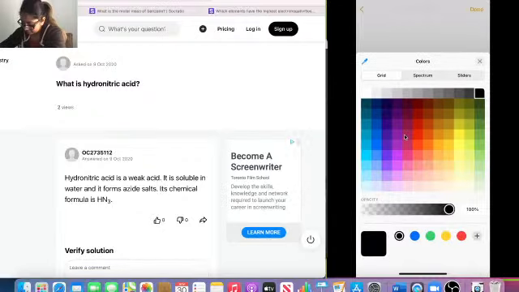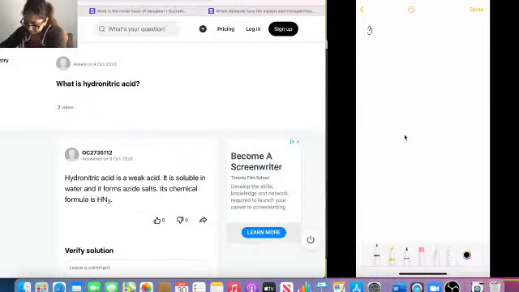Question says, what is hydronitric acid? Okay, so basically your hydronitric acid, from the name you can probably guess that it has hydrogen and nitrogen in it.